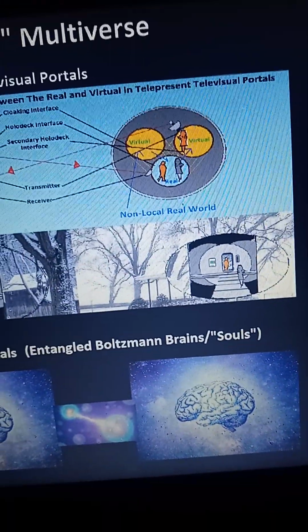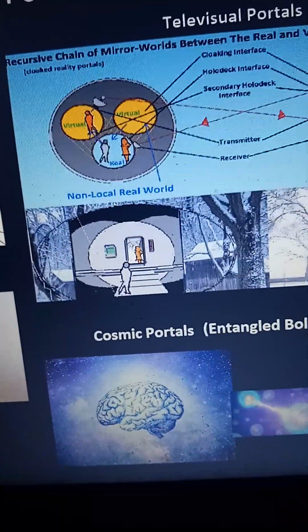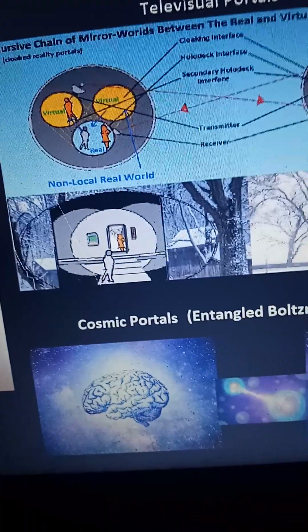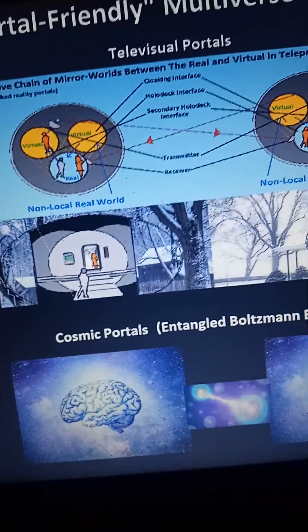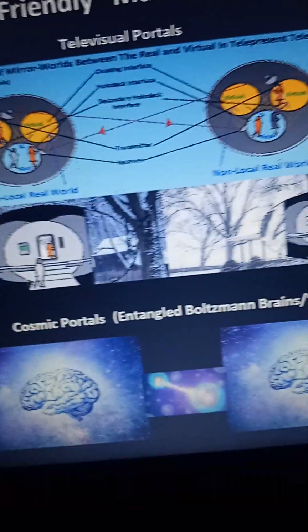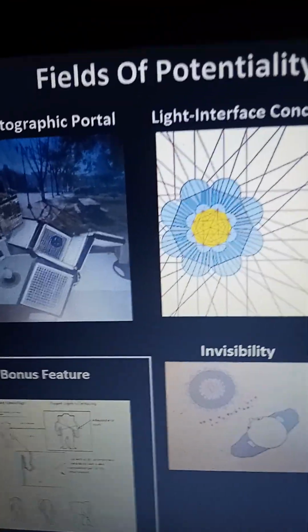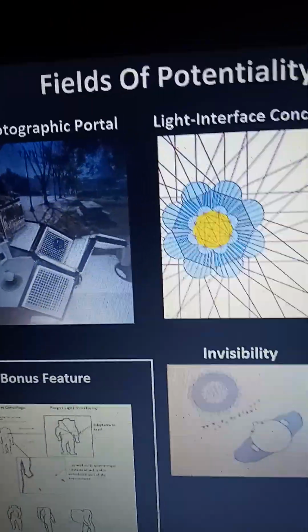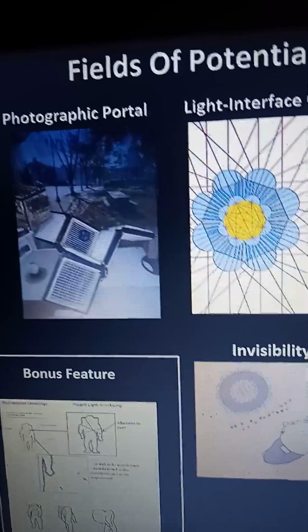The preference is up to each observer, each occupant of the televisual portal. Cosmic portals, I believe, are just an extension of this field of potentiality, where the three attributes of a portal exist in every point in space.